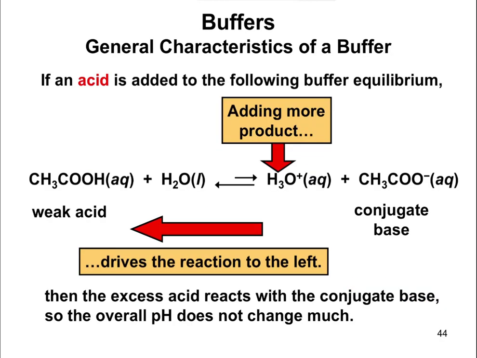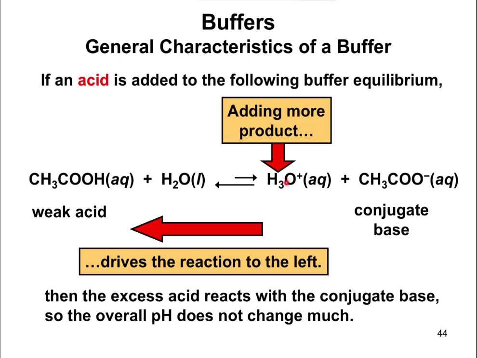So in general, if we were looking at it from an equilibrium standpoint, here's our reaction with acetic acid present in water, and it can break down to form H3O plus and the conjugate base, which is CH3COO minus. So if you were to add more acid, what would happen?